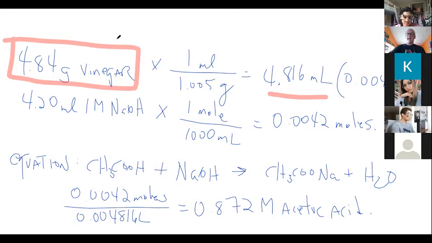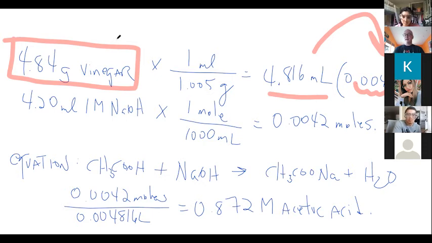So that is equivalent to, when you divide that by 1,000, 0.004816 liters, right? So we'll go 1, 2, 3 to go from mils to liters.